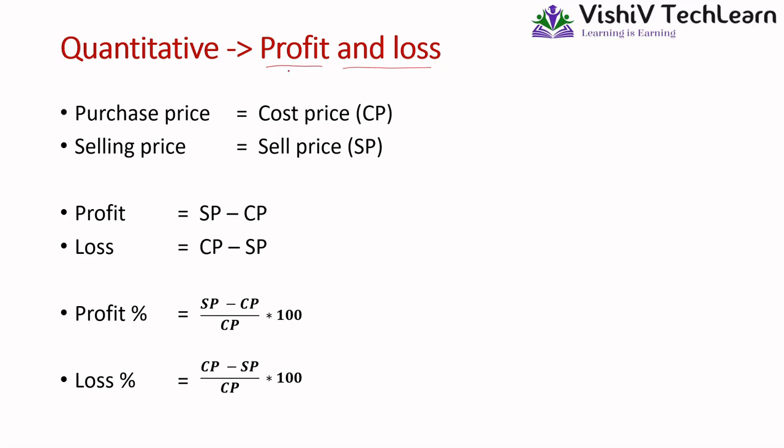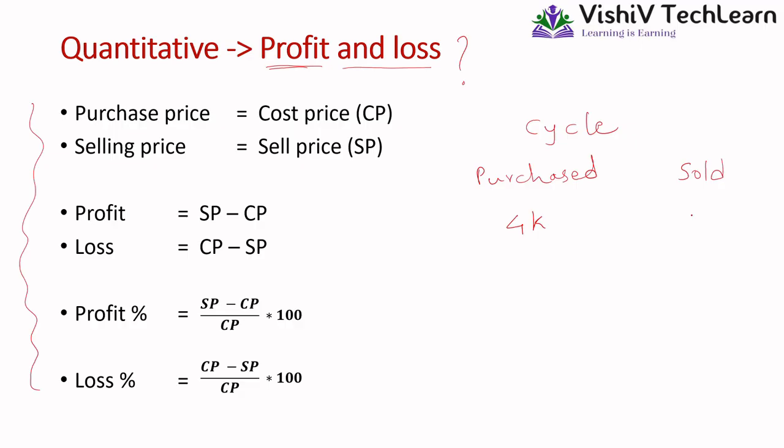Now before dealing with all these terms, let us discuss when do we have profit and when do we have loss. If we take the example of a cycle, let's say we have purchased a cycle for rupees 4000, we'll write it as 4k, and we sold that same cycle after a few days, maybe after 1 year, for 5k.